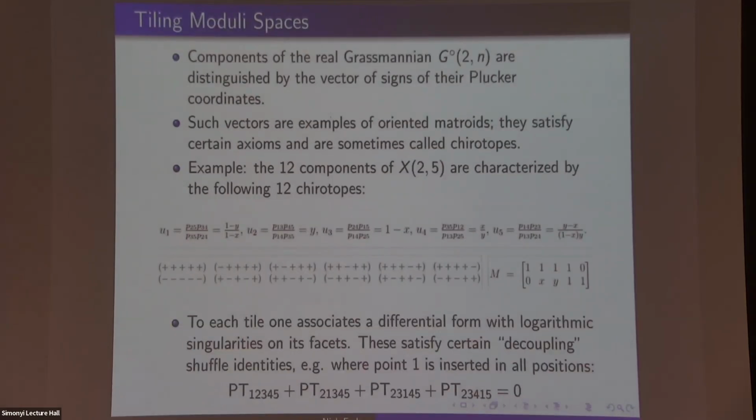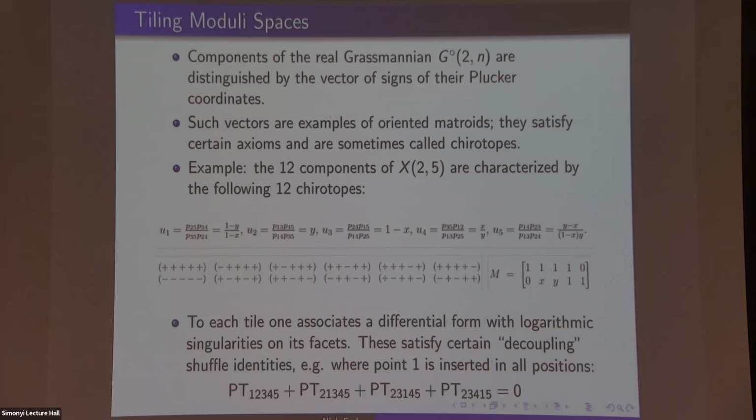Okay, so I want to go now beyond M0n, starting with X36, but we'll look at X36, 6 lines in the projective plane. So are the U coordinates just getting rid of the dihedral symmetry? Why do we pass to the U coordinates? It's a convenient system of cross ratios, a convenient coordinate system.